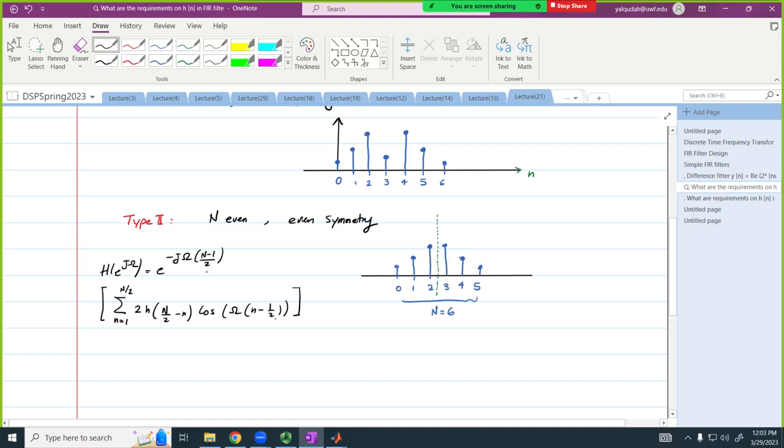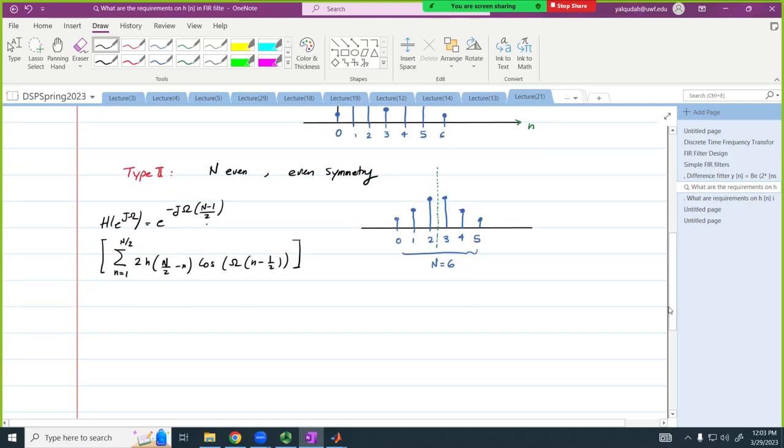We're going to derive this expression for the first case later. So I'm just going to list it as is without deriving it, but we'll derive it for one of them. The reason we have this is because we can tell what kind of filter we can design by looking at the impulse response and the symmetry.